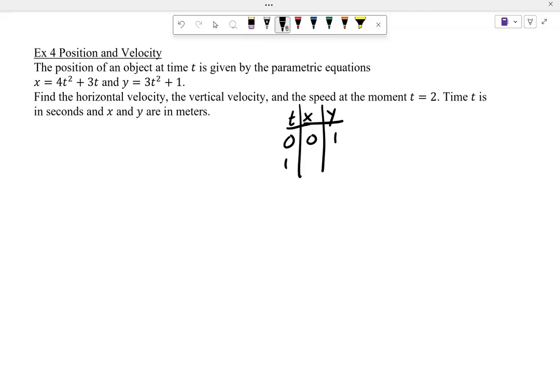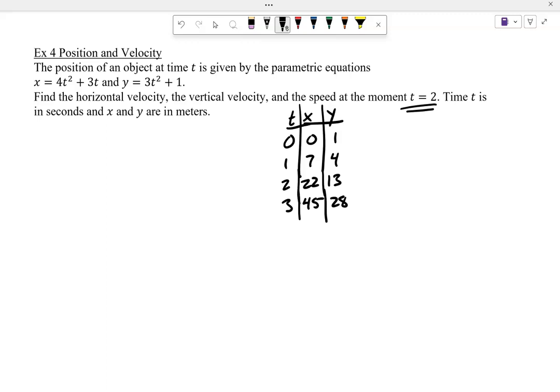If I let t be 1, x would be 7, y would be 4. For t being 2, that would give me 22 and 13. Let me do one more: 3 would give us 45, 28.